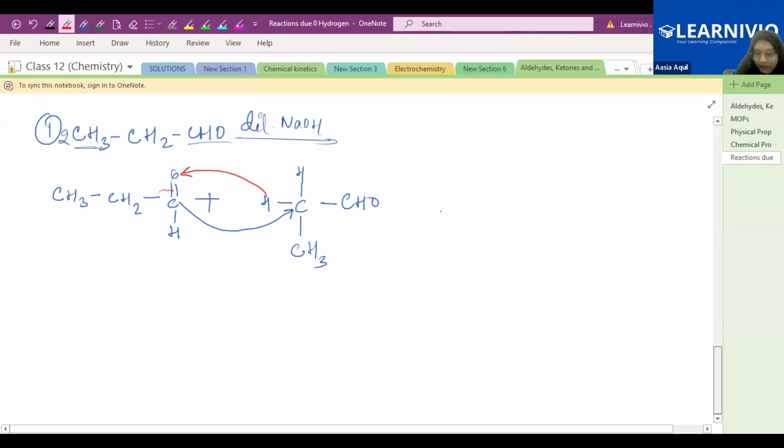So what you will get is CH3, CH2, this will become CH, and this hydrogen is shifted over here, and you have broken one pi bond. Now this carbon is getting attached to this one carbon. This has one hydrogen, and this CHO group, and this methyl. Is this step clear, what we are supposed to do?